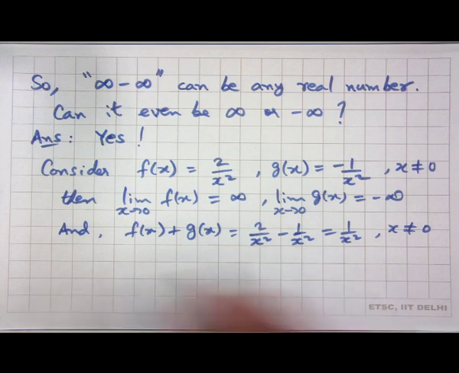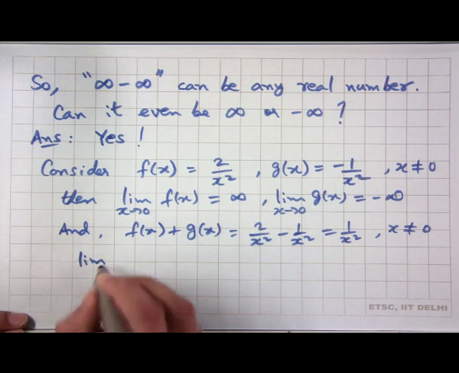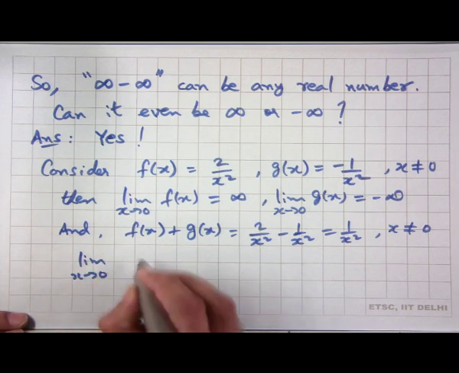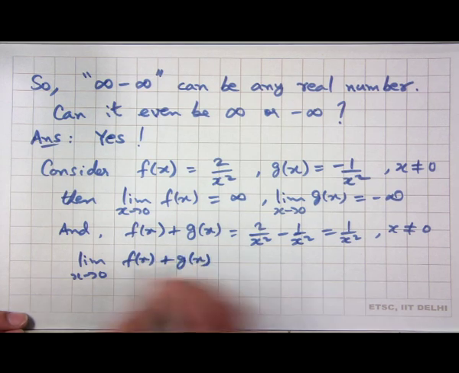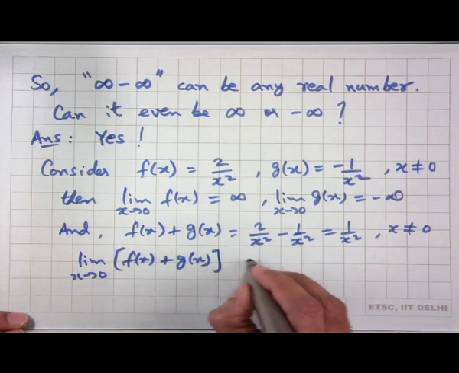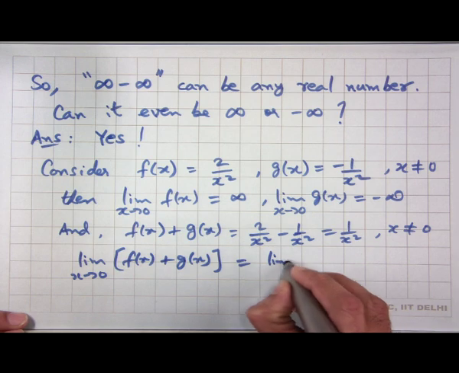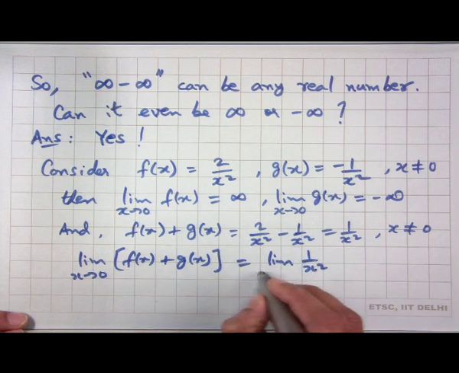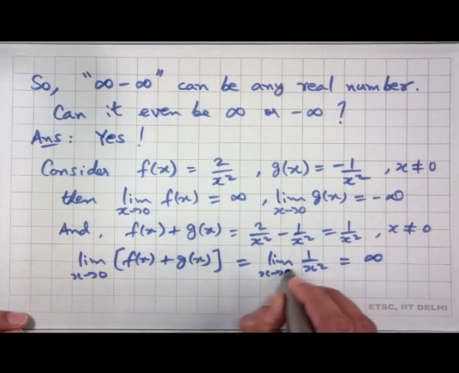We know that 1 by x square approaches infinity. So the limit of f(x) plus g(x) as x goes to 0 is equal to the limit of 1 by x square, which is equal to infinity.